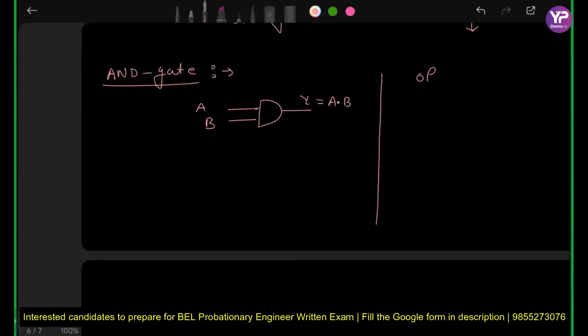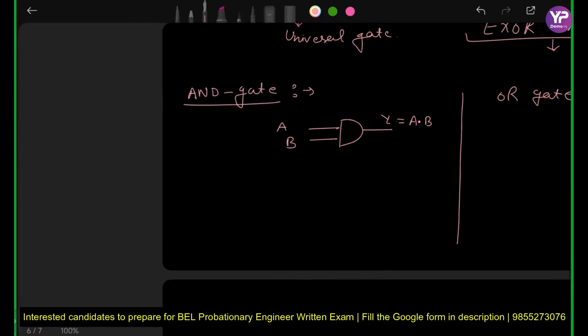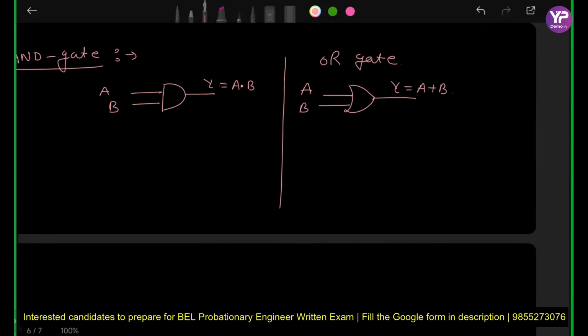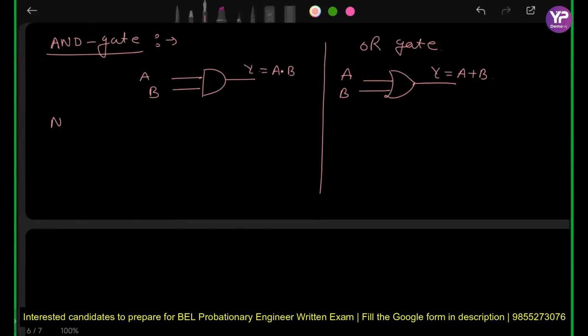Next is OR gate. OR gate symbols are generally like this. This is A, this is B, output Y is equal to A or B. Next is NOT gate.